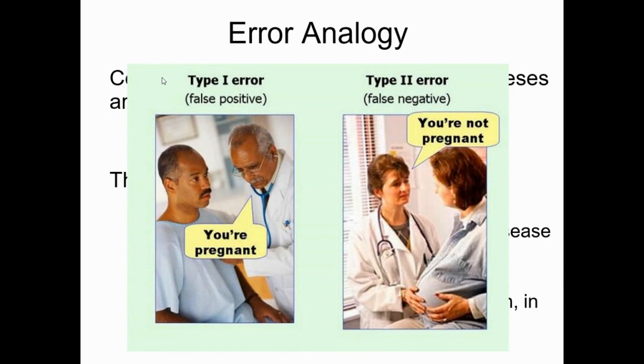A type 1 error would be like a guy going to the doctor and being told he's pregnant. I don't know if you can see it, but to me the look on his face is priceless. What the? And a type 2 error would be a woman that's clearly pregnant being told you're not pregnant.